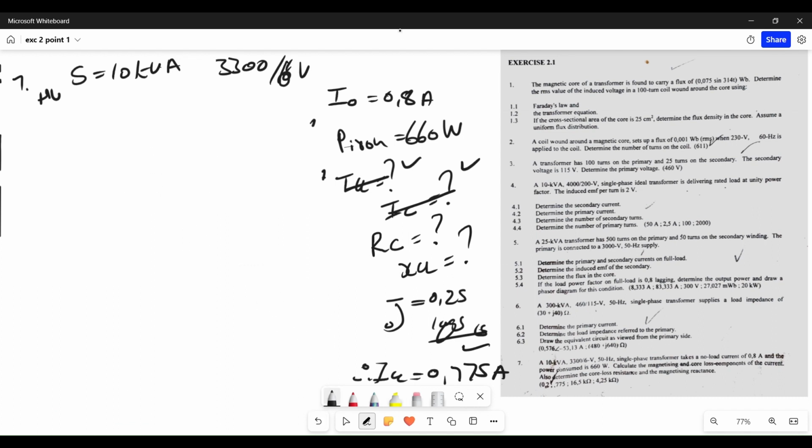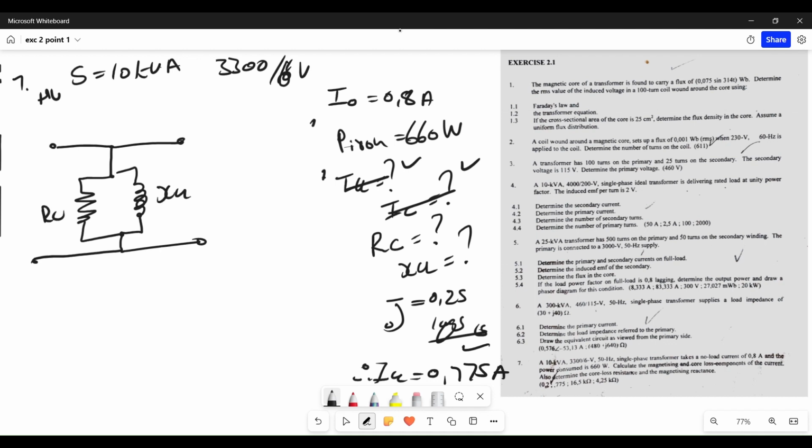So for us to understand this no load circuit, it's like this. This is XU, this is RC, this is IO, and then this is IC, this is IU. So this is VO across them.